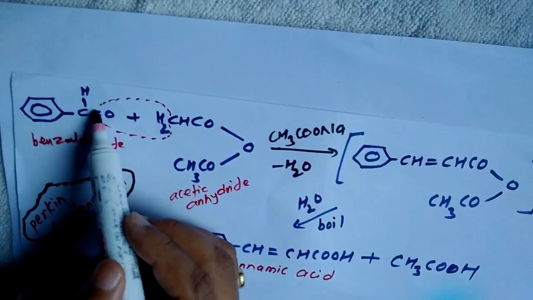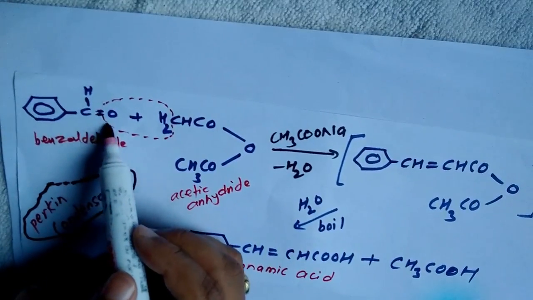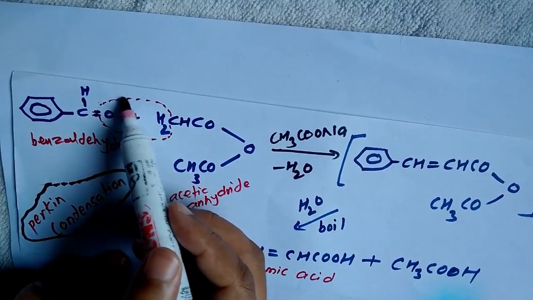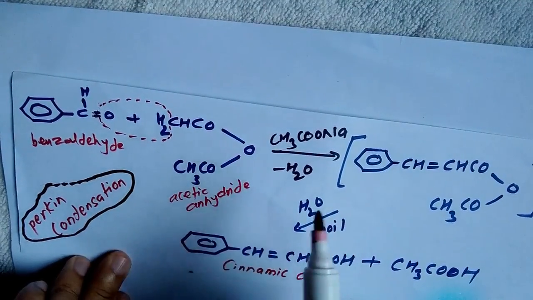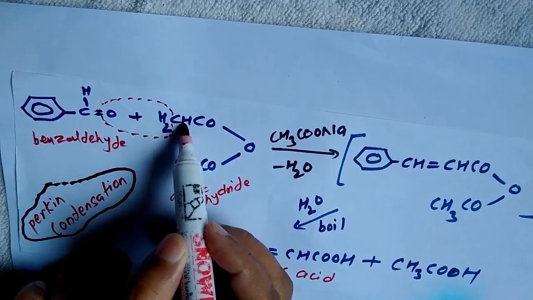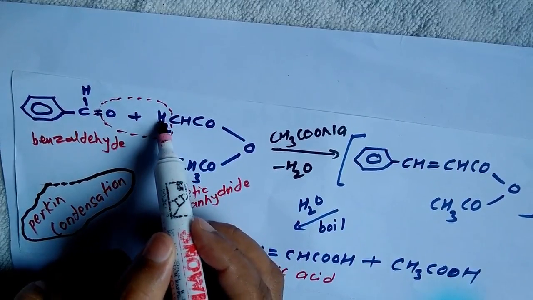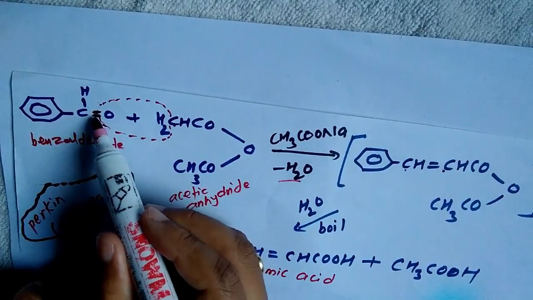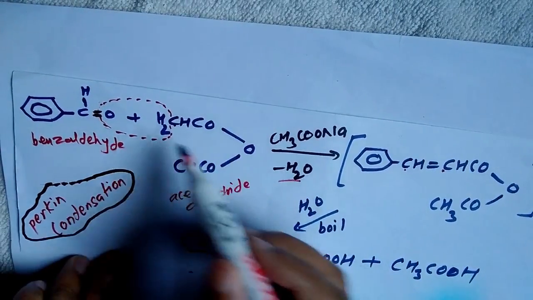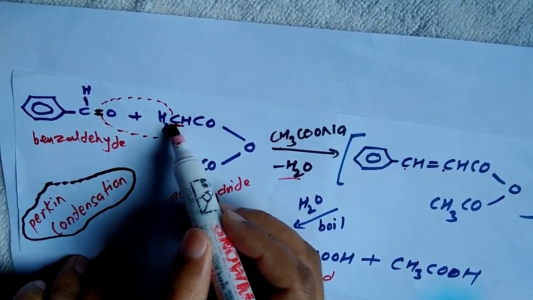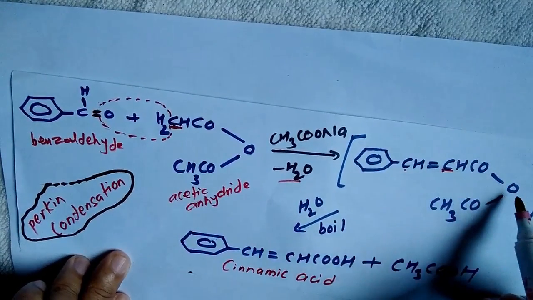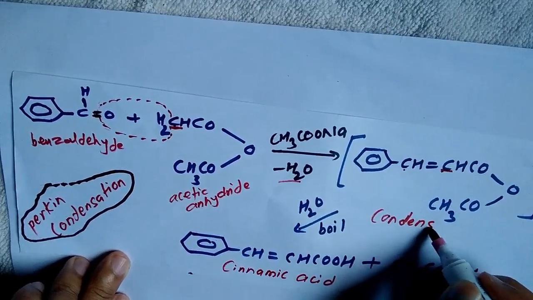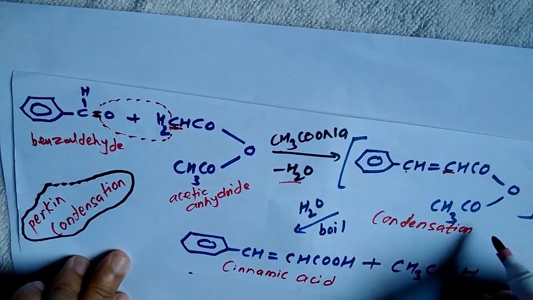From benzaldehyde C double bond O, and in acetic anhydride here is H2 in this carbon CH3, so we are showing here H2O is removed from this side, and this is the condensation product.